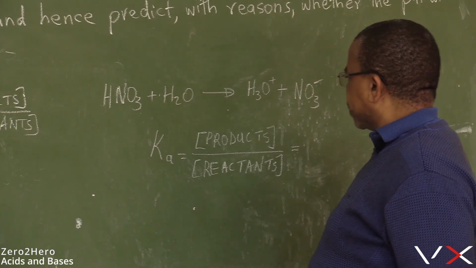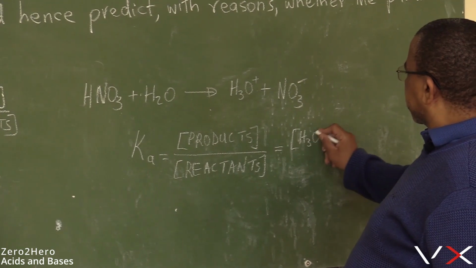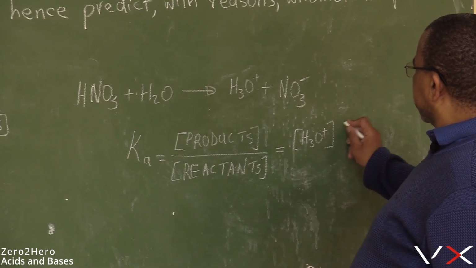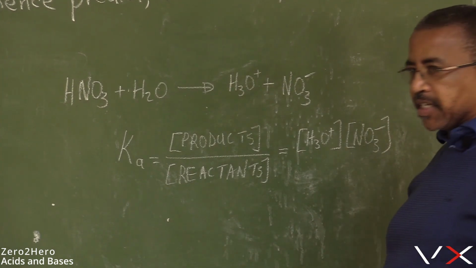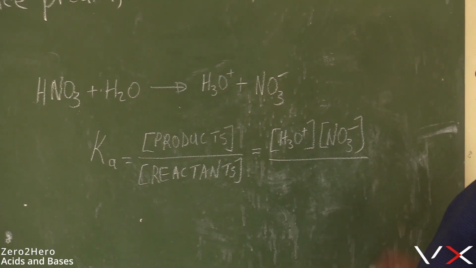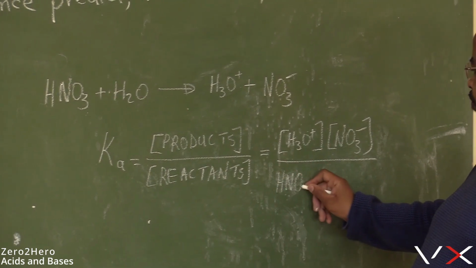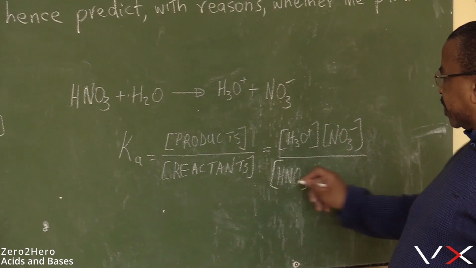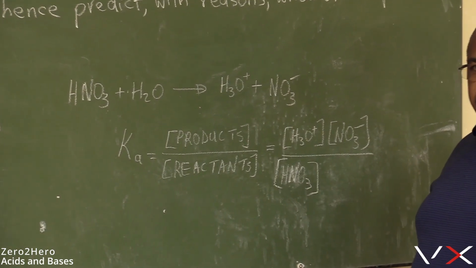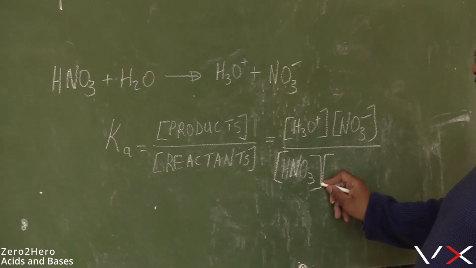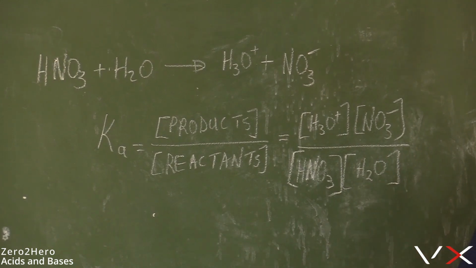So what is the concentration of products? It's the H3O plus concentration times the NO3 minus concentration, over the reactants. It's the concentration of HNO3. I hope you can see there, HNO3 and H2O.